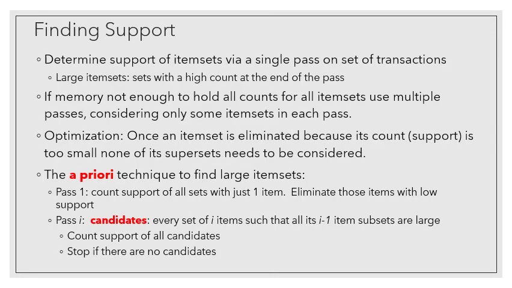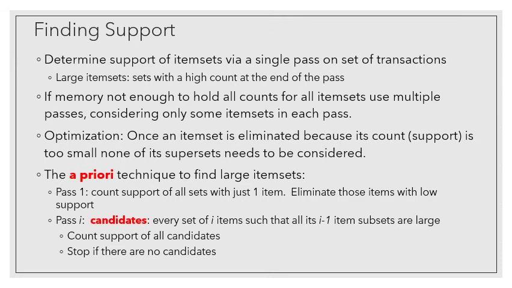Now let's see how to find support. Determine support for item sets via a single pass on the set of transactions. Large item sets are again sets with a high count at the end of the pass. If memory is not enough to hold all counts for all item sets, use multiple passes, considering only some item sets in each pass.